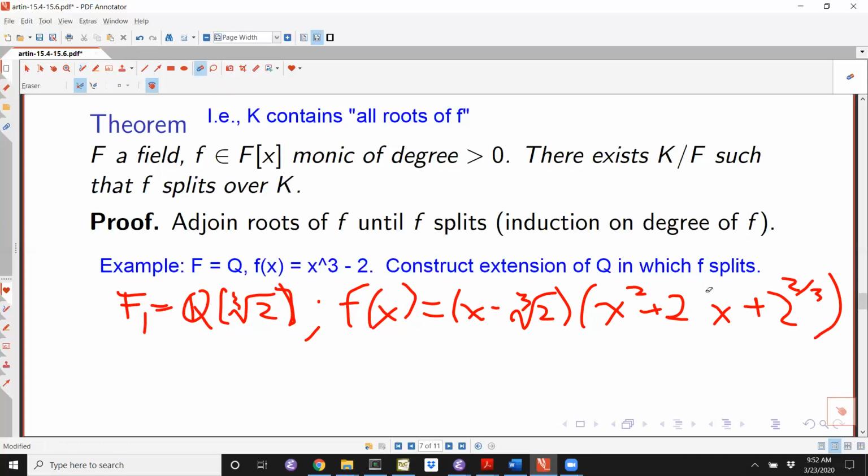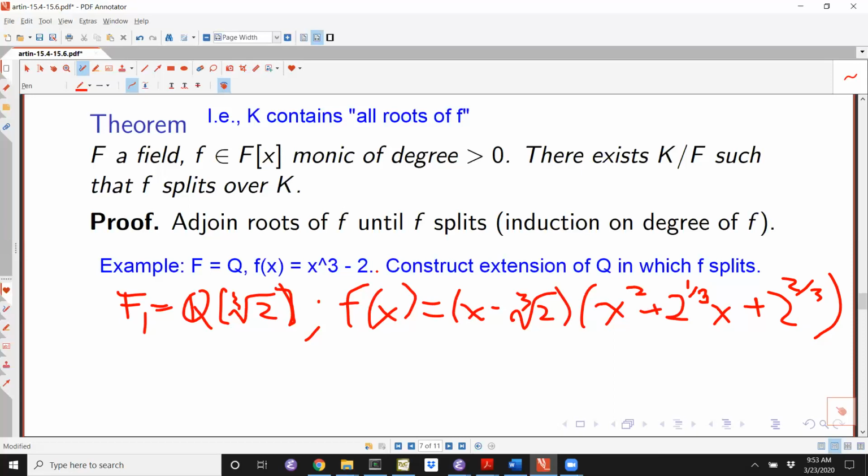Yes. So this might be a little mysterious as to where I came up with this, x squared plus 2 to the 1/3 x plus 2 to the 2/3. But I hope you agree that once I say it, that actually is a factorization of x cubed minus 2.